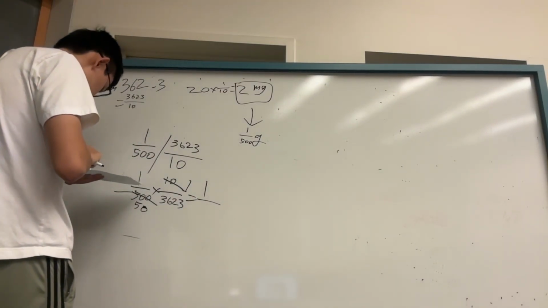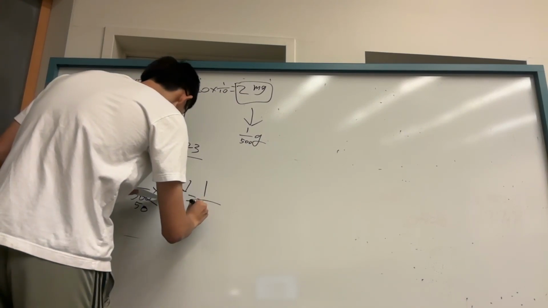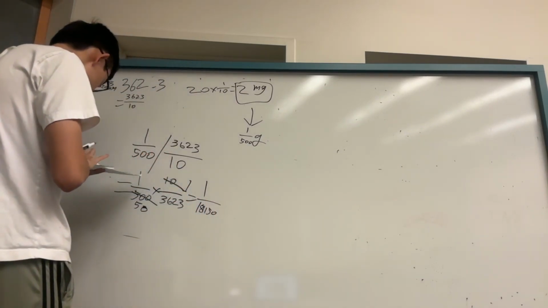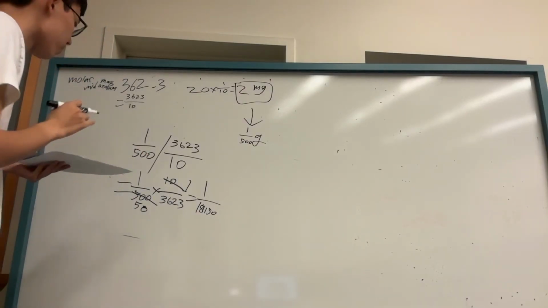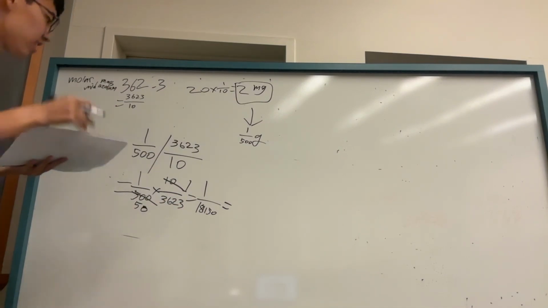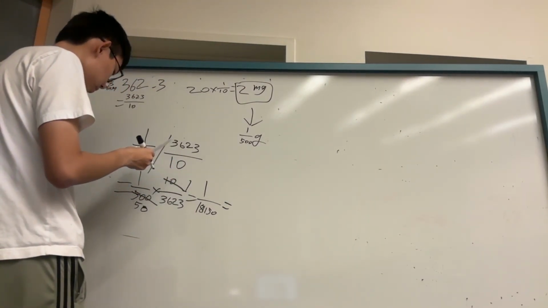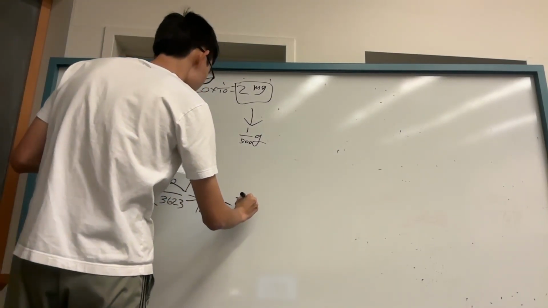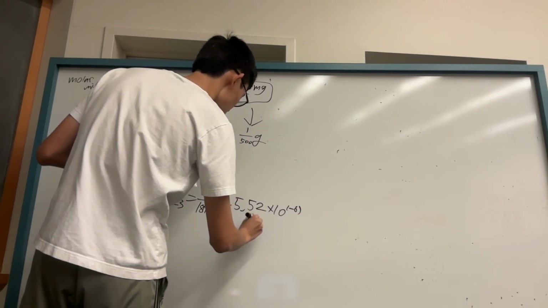So this is about 5.52 times 10 to the negative 6 moles.